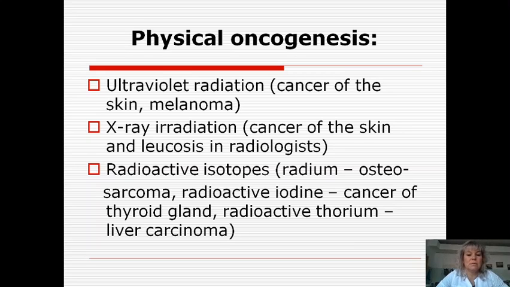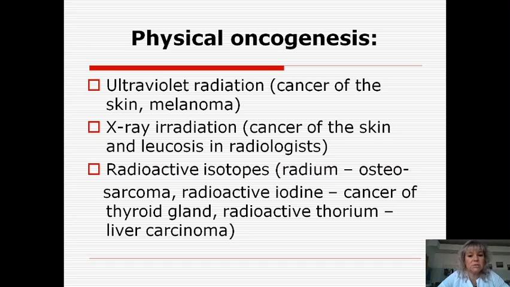What about physical substances, or physical oncogenesis? Many physical agents can lead to tumors in some organs. For example, ultraviolet radiation can lead to cancer in the skin or melanoma.